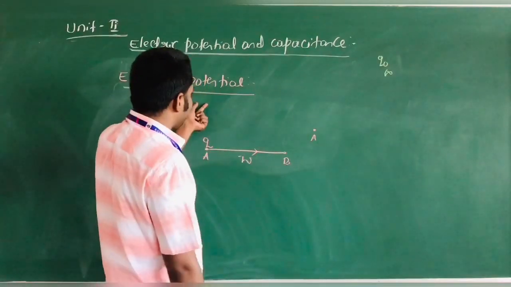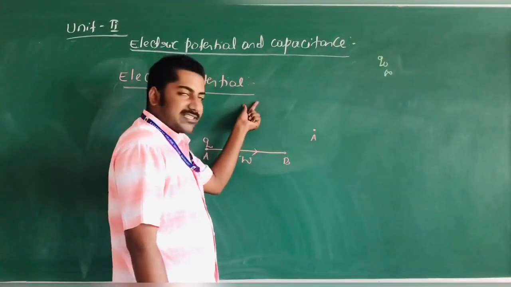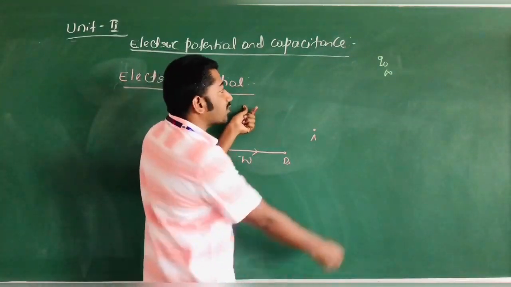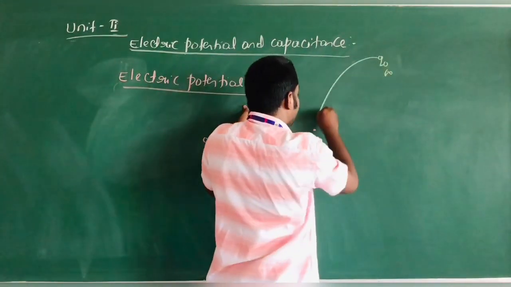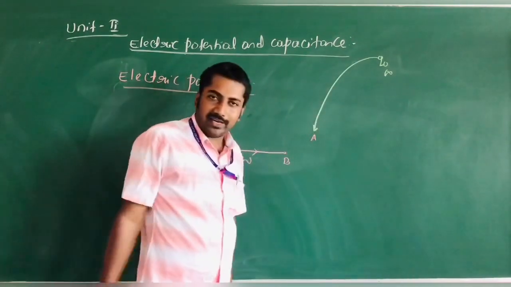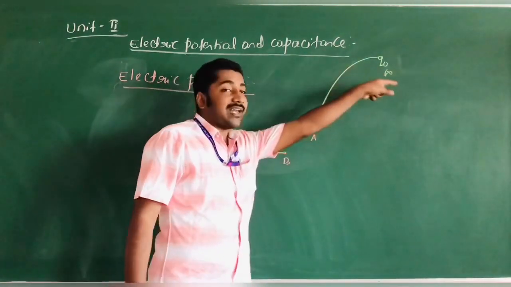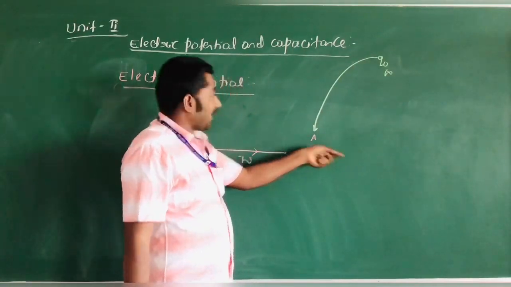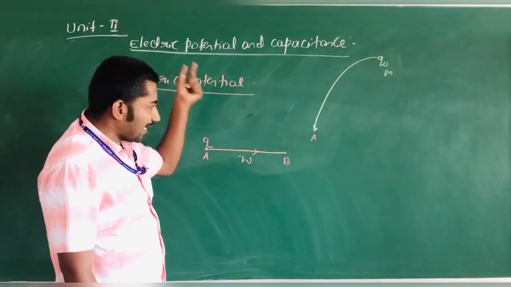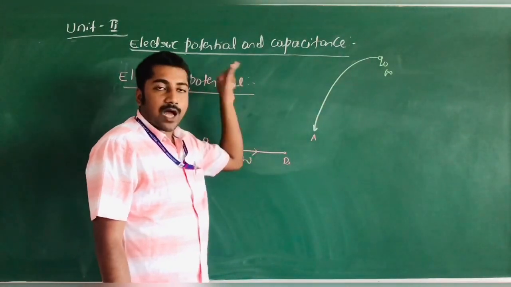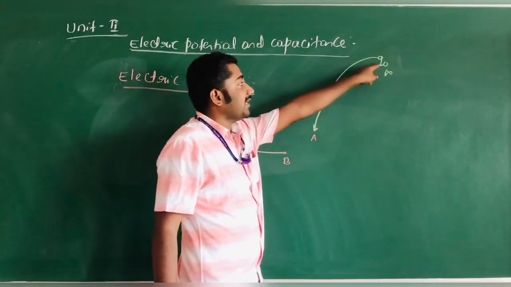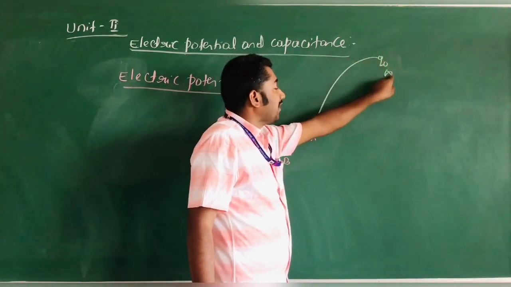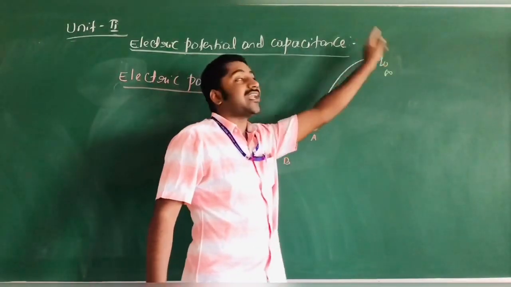Here electric potential in an electric field is defined as the amount of work done in bringing a unit positive charge from infinity to that point against the electric field. It is a very important concept.